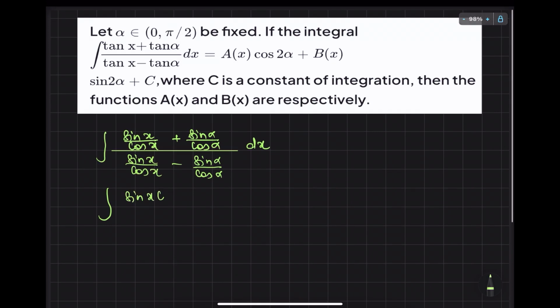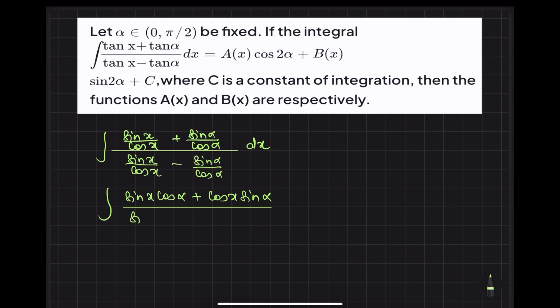sin x cos alpha plus cos x sin alpha. Correct? Now look at the denominator. The denominator will have sin x cos alpha minus cos x sin alpha.